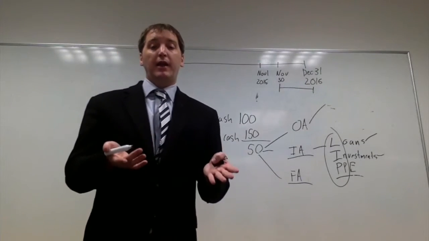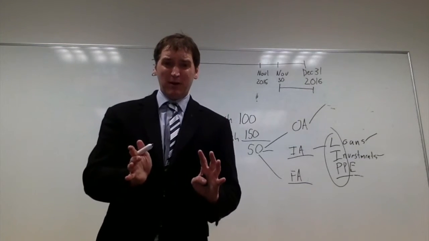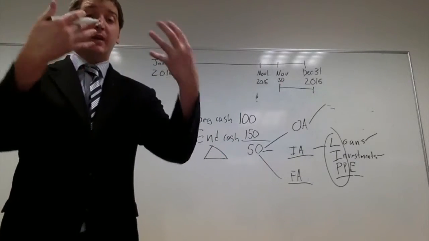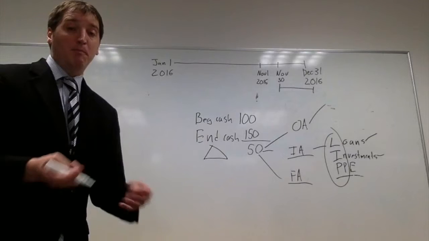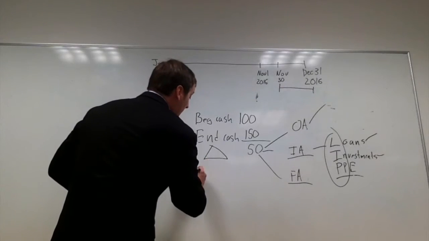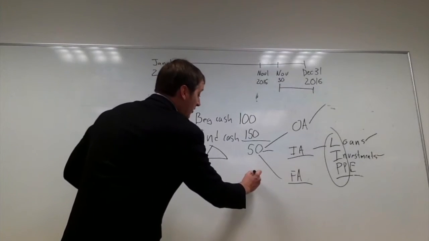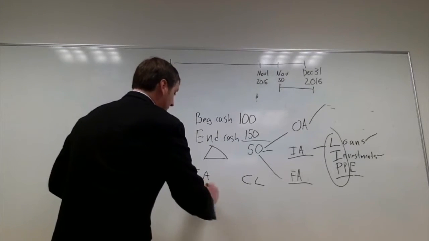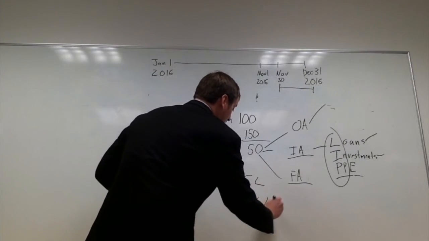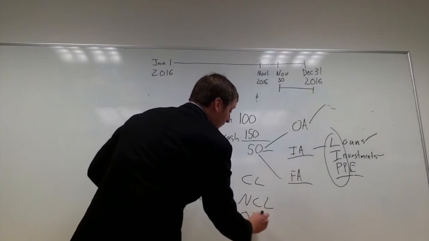All right? And if you can't remember where something on the cash flow statement goes, just think of your GAAP balance sheet. You know, you have your current assets, your current liabilities, your non-current assets, your non-current liabilities, and your owner's equity.